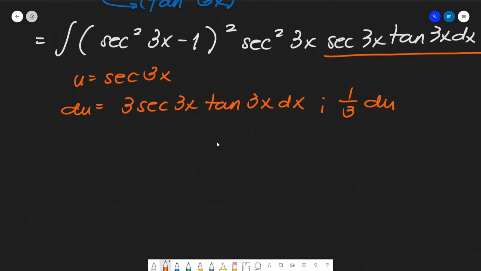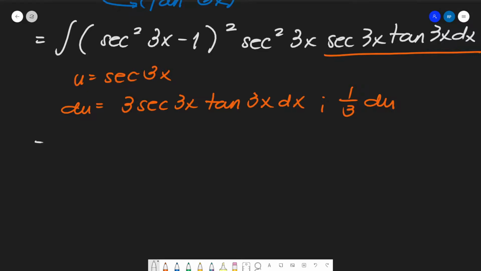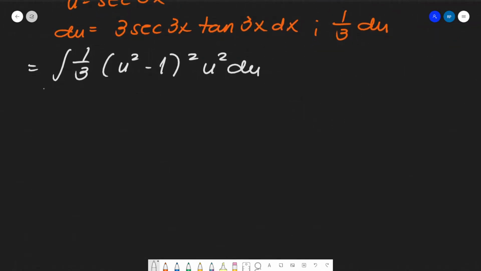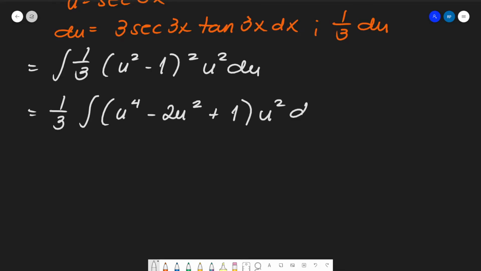So, mas simple na ngayon yung integral natin. We have the integral of 1/3 u squared minus 1 squared u squared du. Diba? Mas simple siya tignan. So, expand ulit natin, katulad ng ginawa natin kanina. We have u to the fourth minus 2u squared plus 1 times u squared du.